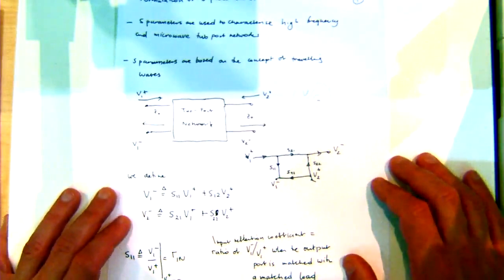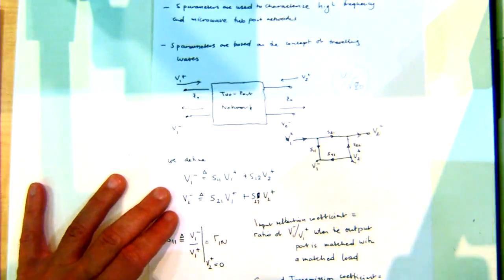Okay, so I've defined this two-port network in terms of these parameters called S parameters, which are scattering parameters.